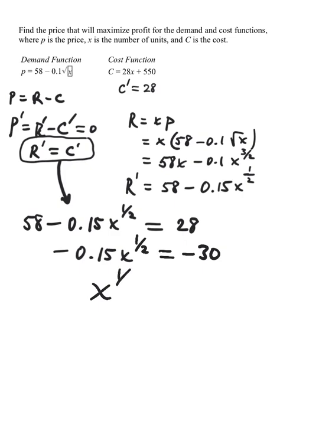Divide both sides by negative 0.15. That's 200. And then square both sides. That's 40,000.